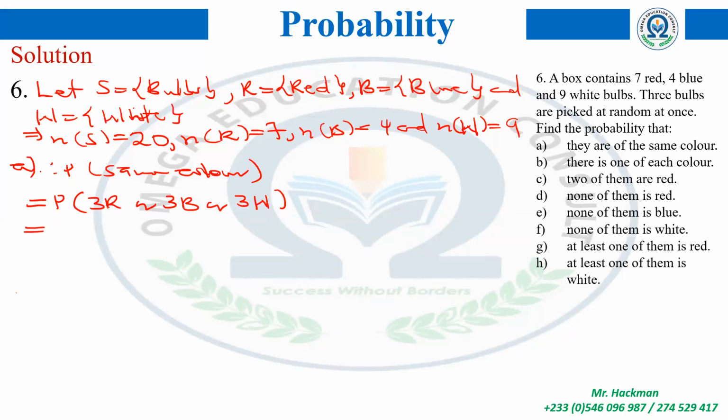So in terms of the red, we are going to get 7 combination 3. All means plus. Take notes. Then for blue, we are selecting 3, but how many of them? 4. So it will be 4 combination 3. Then plus, or we have white. How many do we have? 9. So 9 combination 3, all over... Okay, so what do we have?